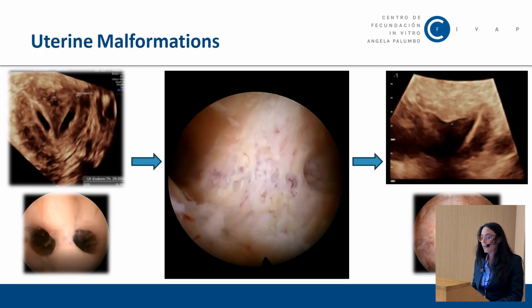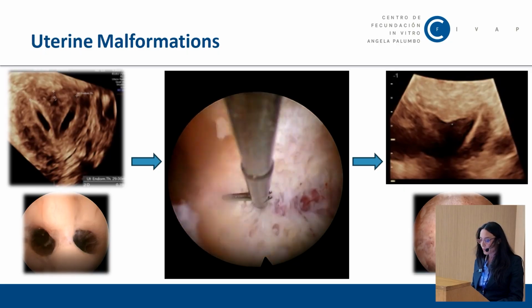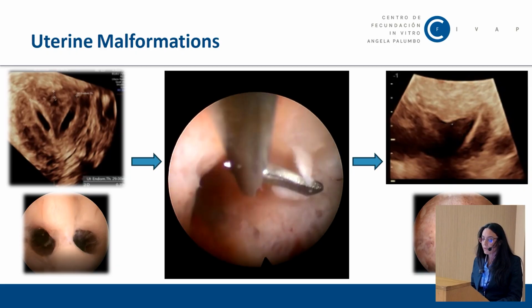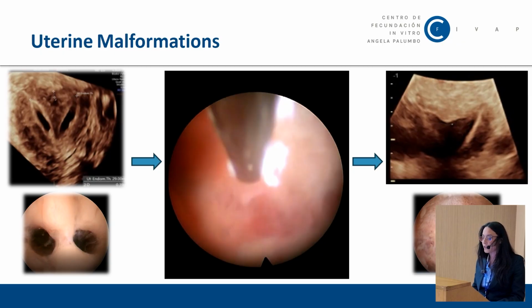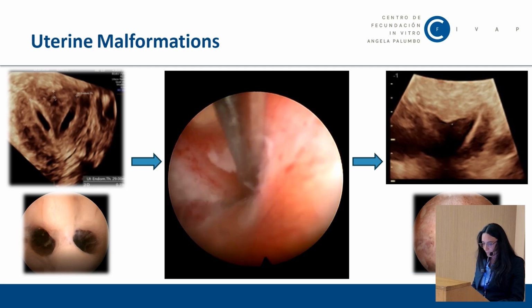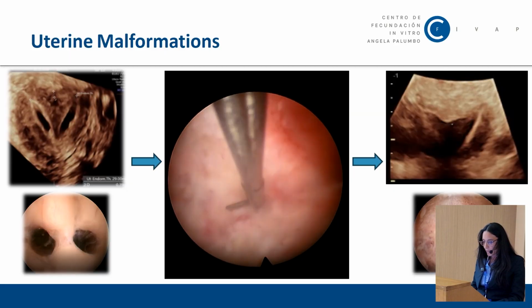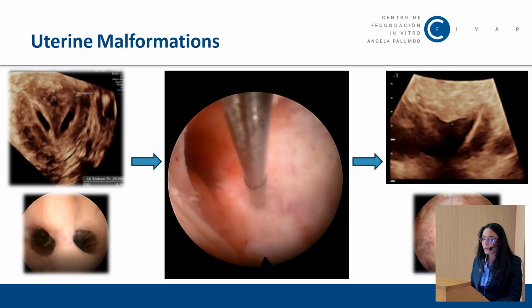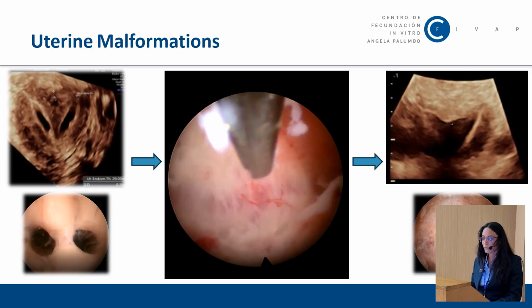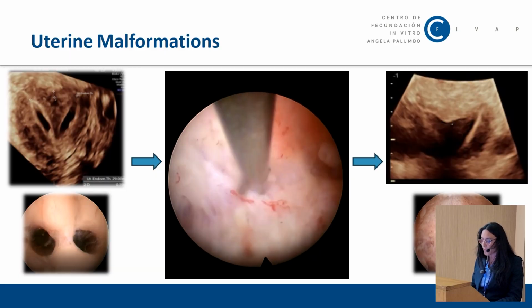In this case, an incomplete subseptum, and in the first three ultrasound images, we can see in the first the directed ultrasound guidance of the scissor in the cavity, and in the last two videos, the real-time guidance during the hysteroscopy, guiding the hysteroscope into the cavity.